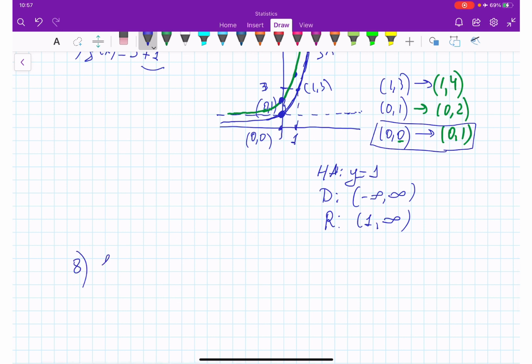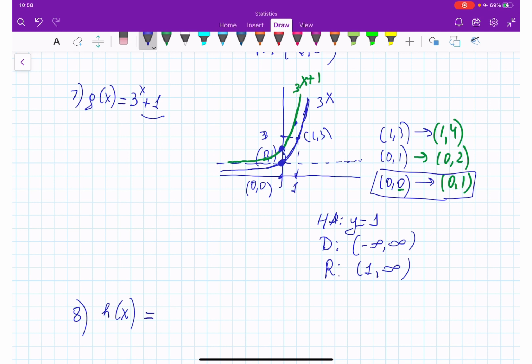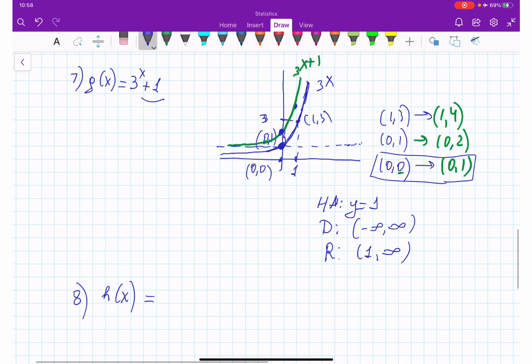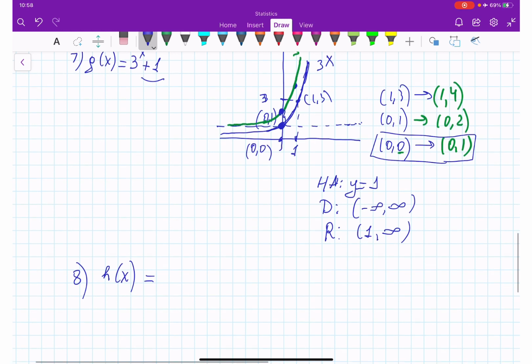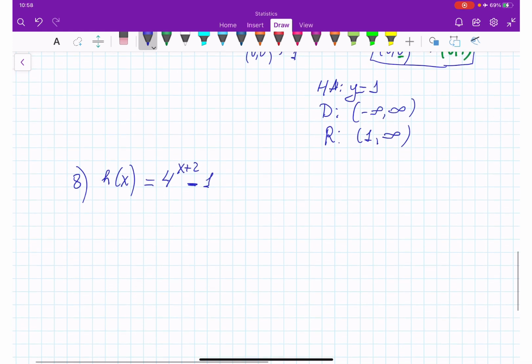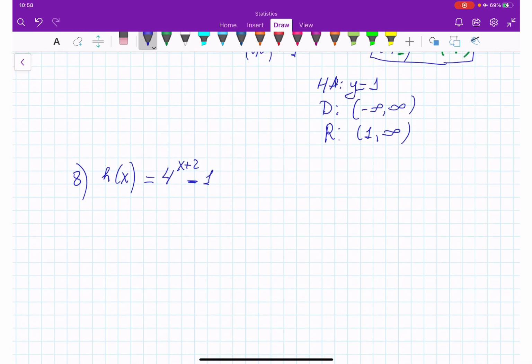We have h of x, given again through 3 to the power x, but if you want, we can take 4 to the power x, it doesn't matter. Okay, let's take 4 to the power x plus 2 and minus 1. I'm going to show you a very easy way.